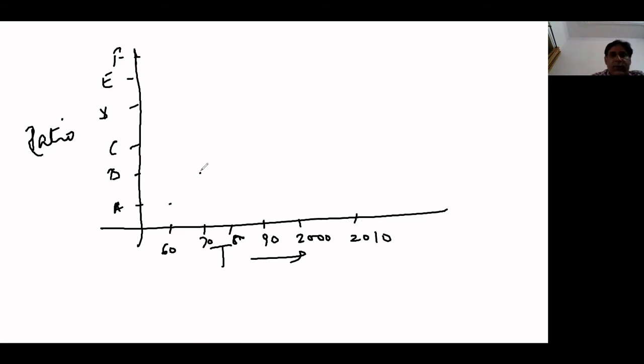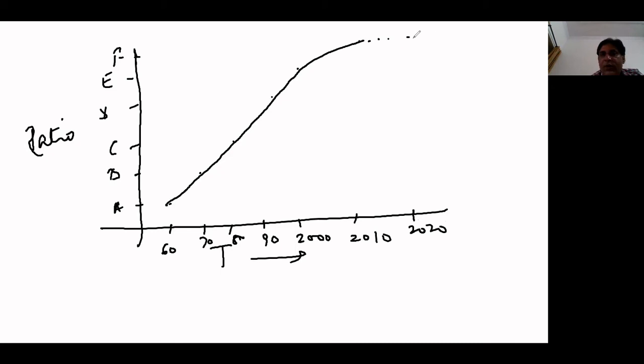You plot a graph, right? Now, if I am being asked to find out the population in the year 2020, what would I do?